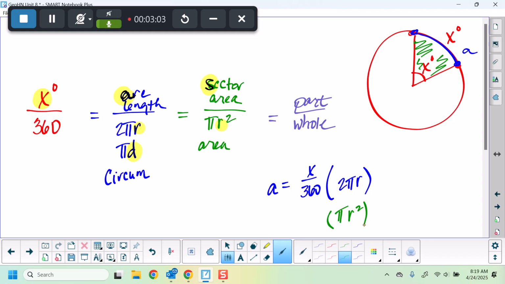So instead of memorizing something in isolation, how to solve just for arc length or just for sector area, what we need you to understand is this whole relationship and how you can tease out and solve using algebra whatever variable you're missing.